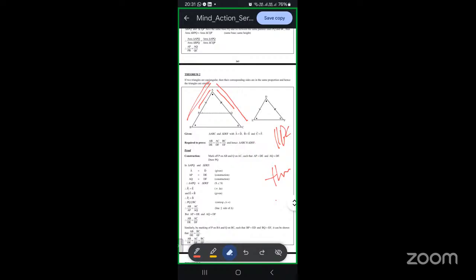Now from that part, you can just substitute that AP with DE because they are equal from the congruency. And then also substitute that AQ with DF from the congruency.